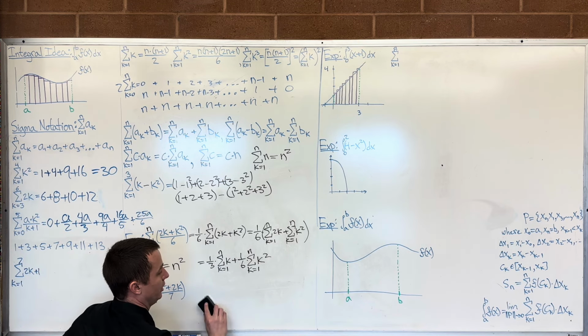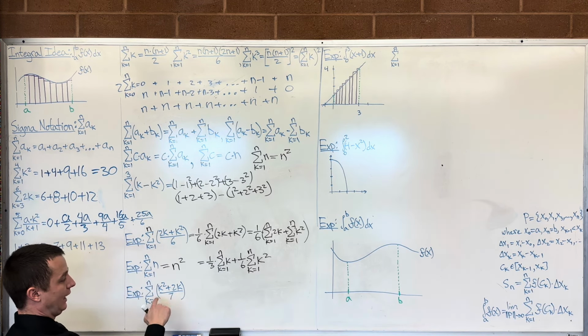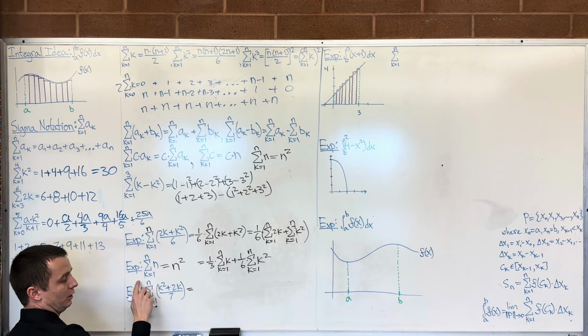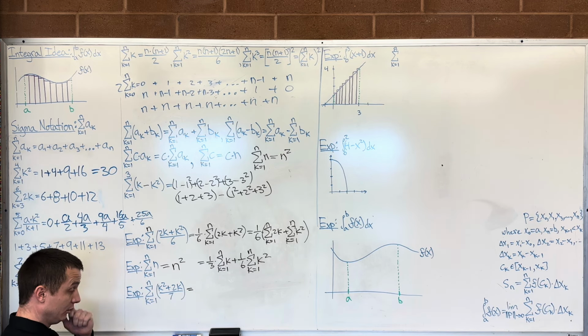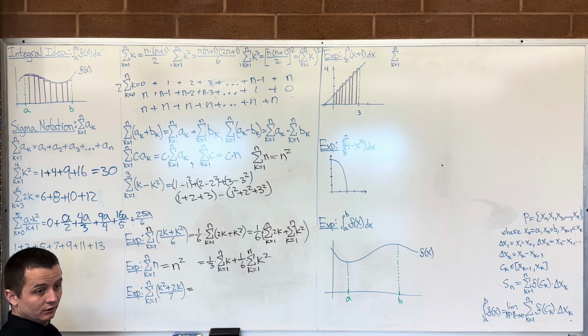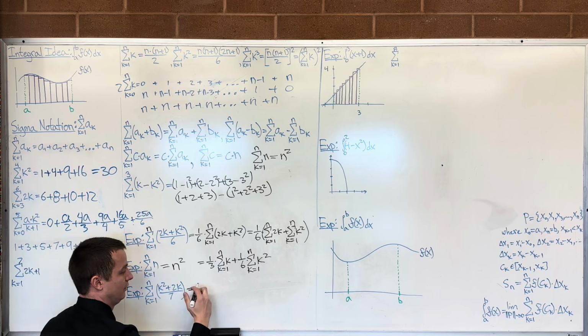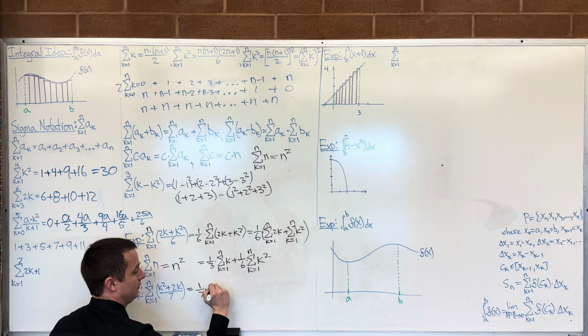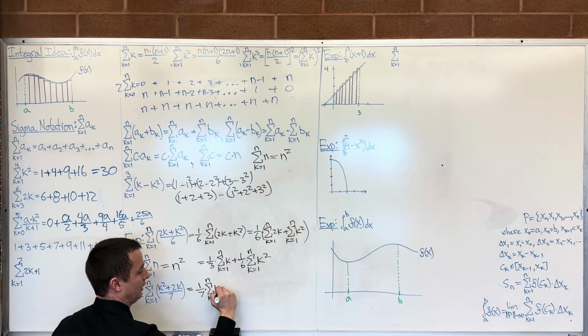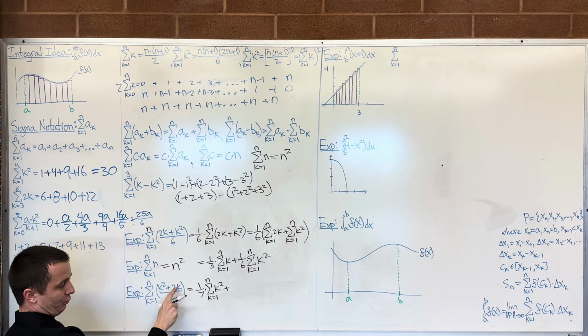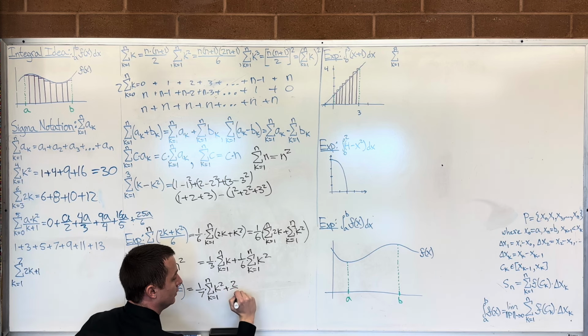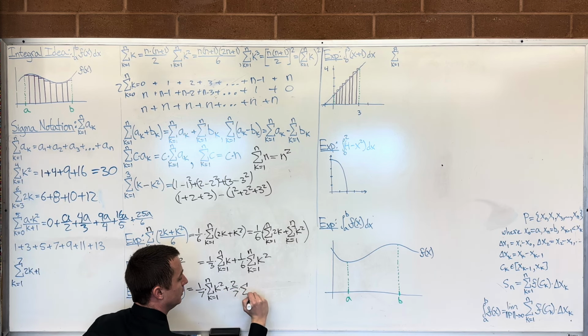So, last one. Let's calculate what this one is. The sum from k equals 1 to n of (k squared plus 2k) over 7. Now I'm going to do the algebra in one go. This k squared is being multiplied by 1/7. So that's 1/7 times the sum from k equals 1 to n of k squared, plus this one's coefficient is 2/7 times the sum from k equals 1 to n of k.